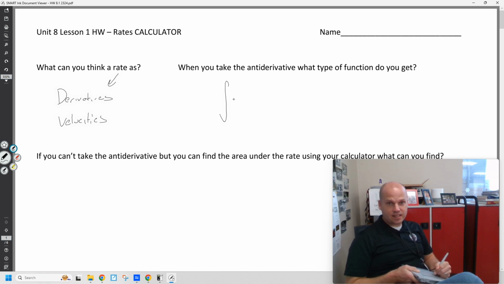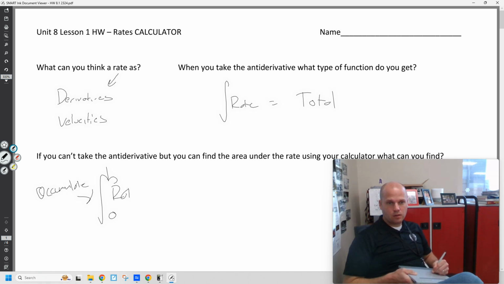If you take an antiderivative of a rate, you're going to get an equation of a total. But usually you won't be able to take an antiderivative. So what we want to do is accumulate your rate, and you'll get a displacement or a total. This is so important.